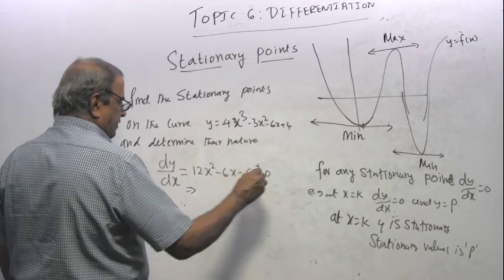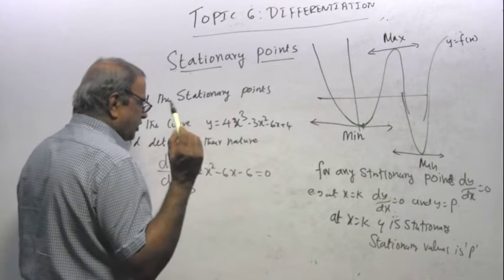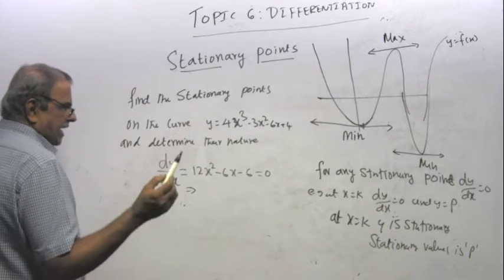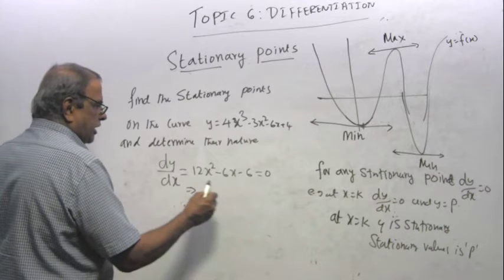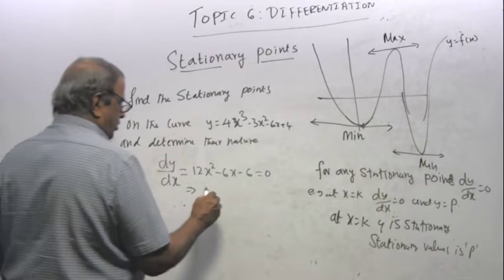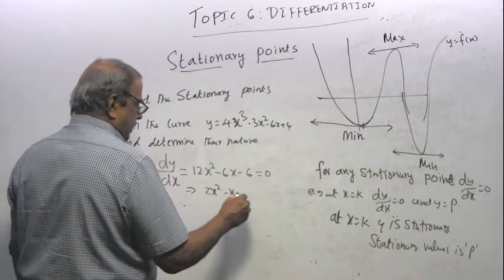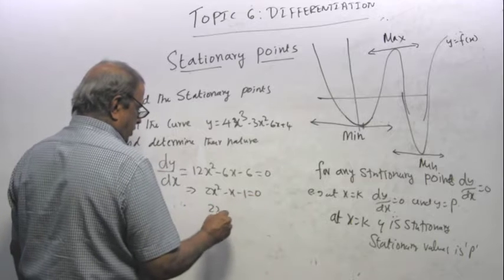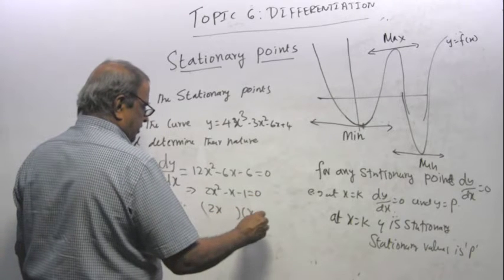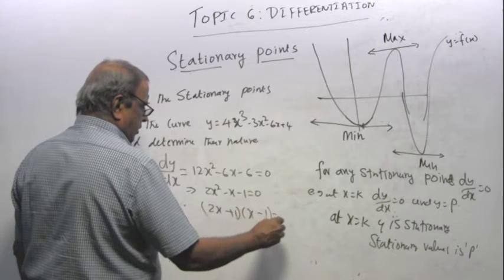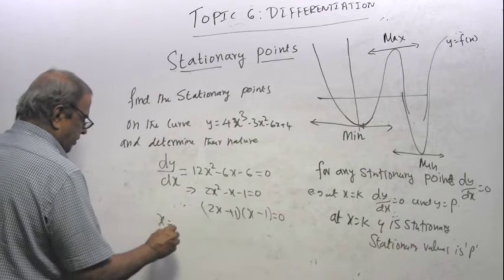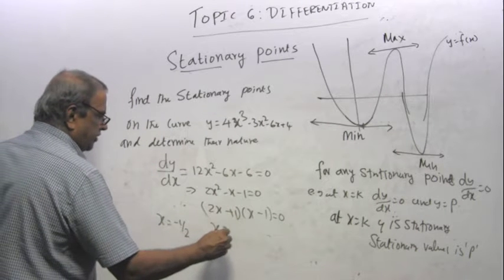I can divide through by 6. Again, I told you, in the exam, if you don't divide by 6, you are expected to factorize that. So it's 2x squared minus x minus 1 equal to 0. So (2x + 1)(x minus 1) equal to 0. So I get x equal to minus half, x equal to 1.